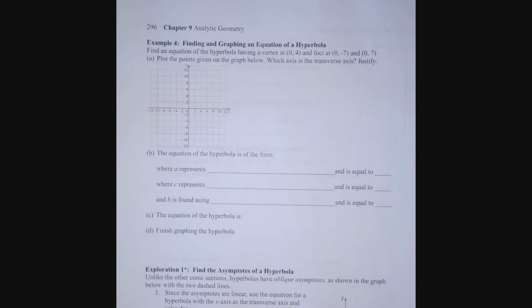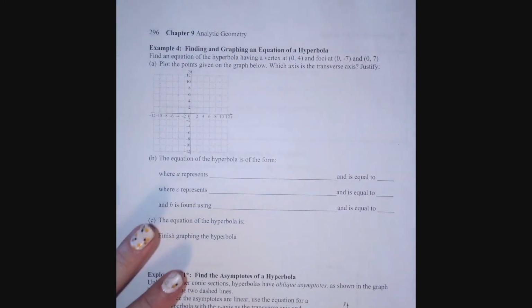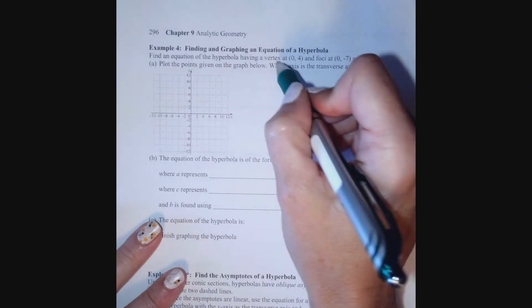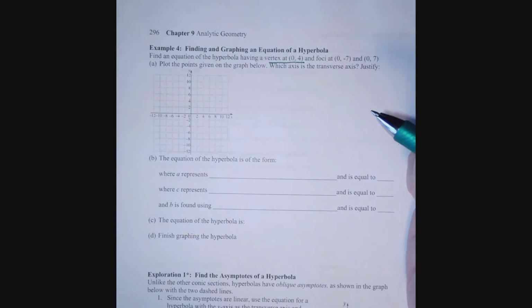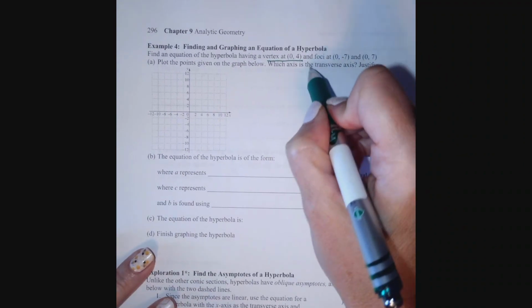Example 4, we're going to find and graph the equation of a hyperbola given some information about the hyperbola. Now this is the last one we're going to do without finding our oblique asymptotes. Okay, what do we know? Well, we know that we have a vertex at 0, 4, and we have 2 foci.